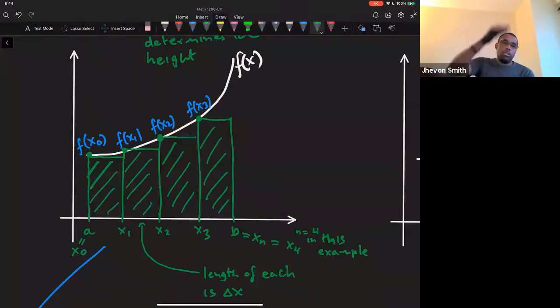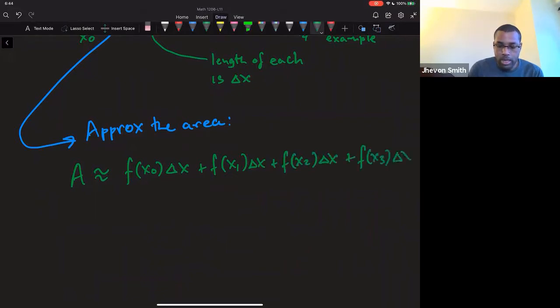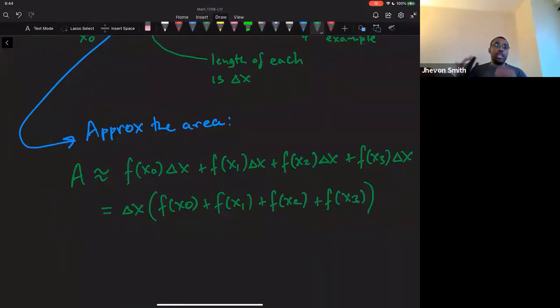Delta x is the width, f of x0 is the height. Then you're going to add f of x1 times delta x. Then f of x2 times delta x. Then f of x3 times delta x. Or in other words, you can factor out a delta x, and you just have f of x0, f of x1, f of x2, and f of x3. Right? And so that is an approximation of the area.